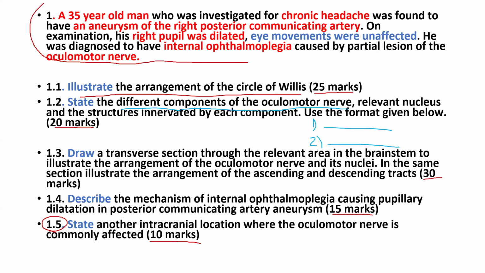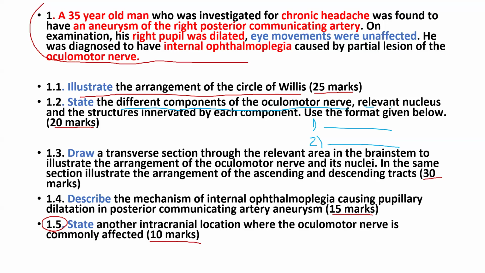So here you are not going to write a paragraph and you are not going to write long descriptions related to this question. We have the first one, components of the oculomotor nerve and relevant nucleus.